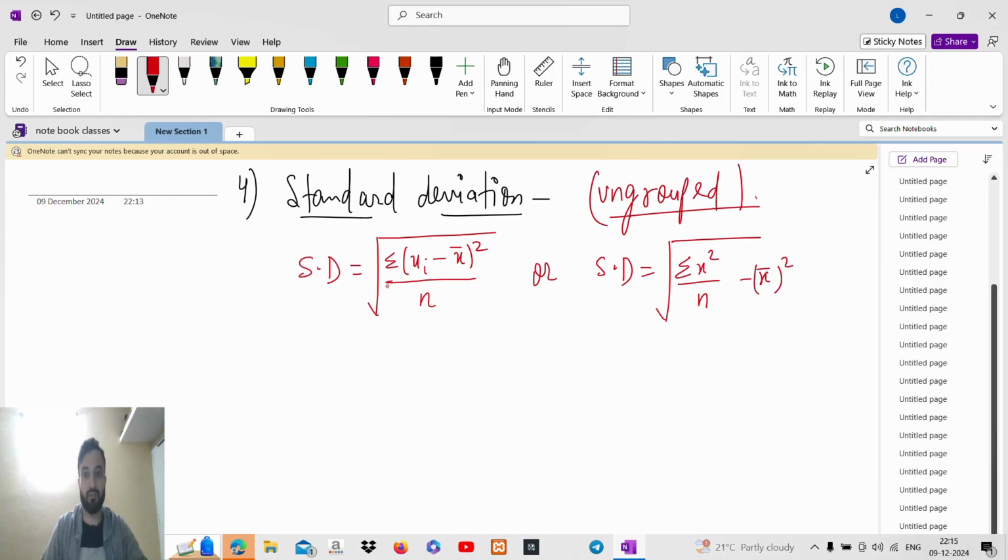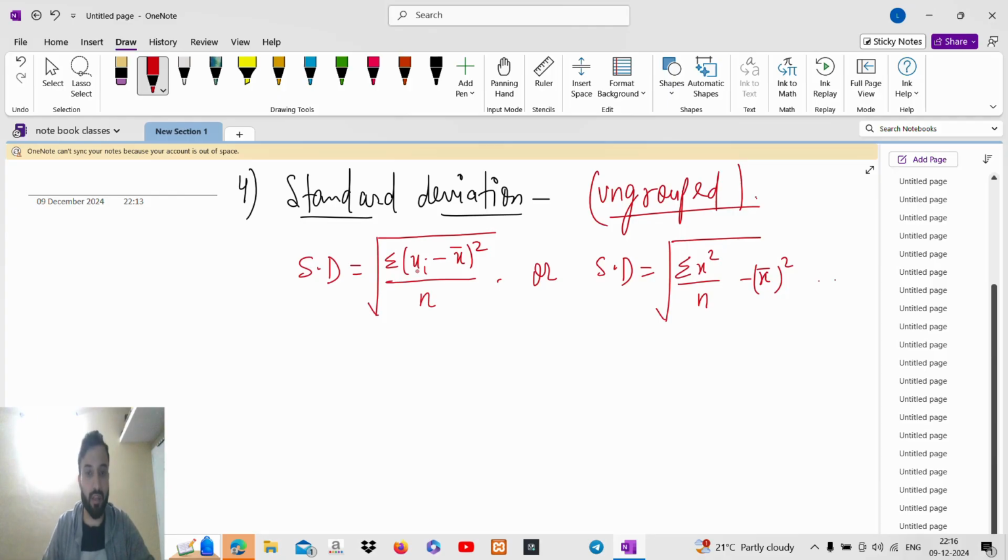Whatever they will ask in the examination, you have to tick. So we are going to use this formula.